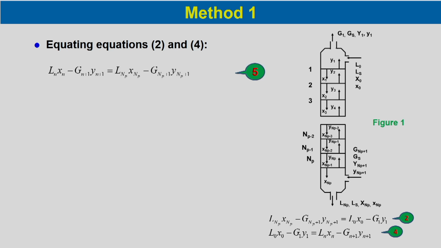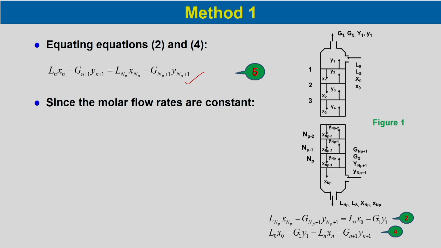We will have L n x n minus G n plus 1 Y n plus 1 would be equal to L capital N P into x capital N P minus G capital N P plus 1 into Y capital N P plus 1. So, this is equation 5.